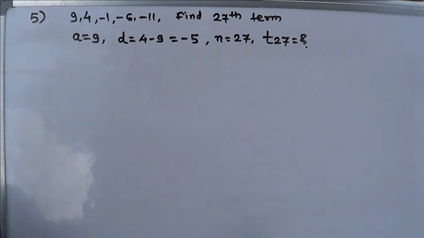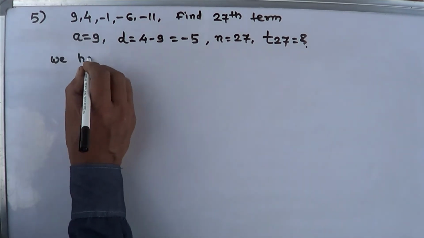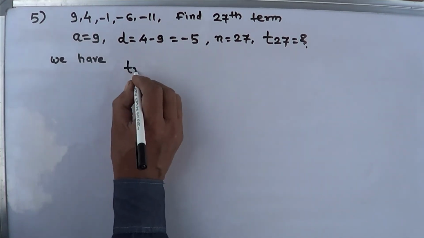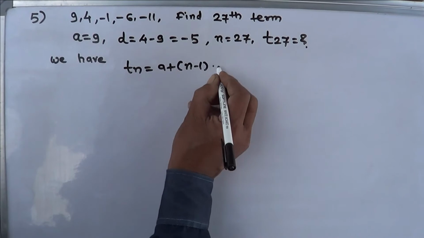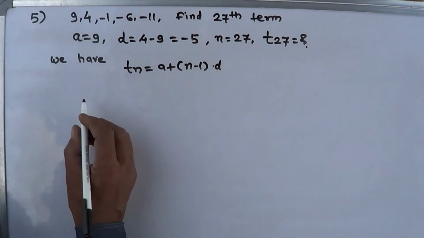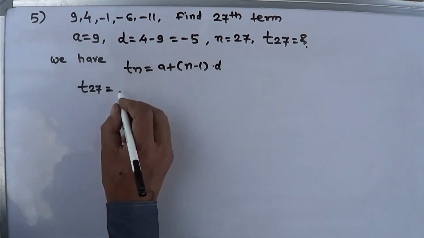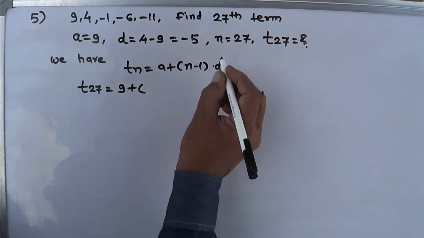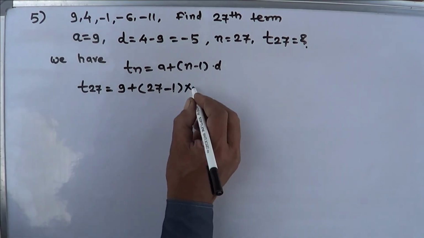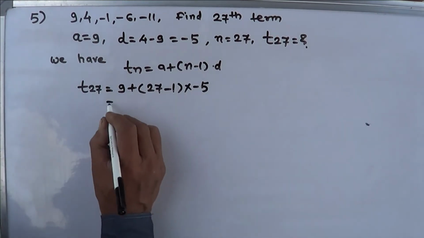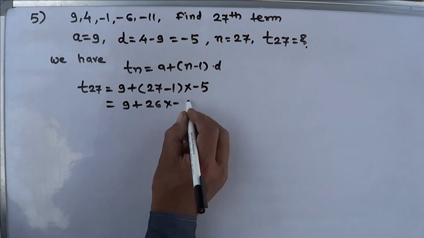Now we know the formula to find the nth term, that is Tn is equal to a plus n minus 1 into d. So Tn, that is T27, is equal to a is 9 plus value of n is 27 minus 1 into the value of d, which is equal to minus 5. So this will be equal to 9 plus 26 into minus 5.